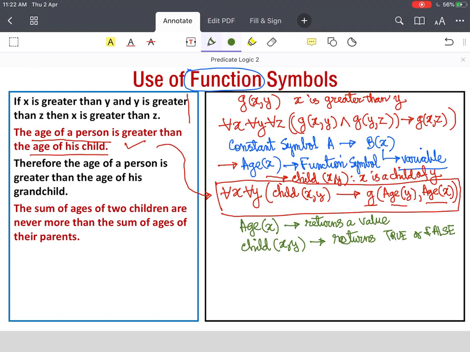A function is a mapping from D cross D to D, whereas a predicate is a mapping from D cross D to true or false.